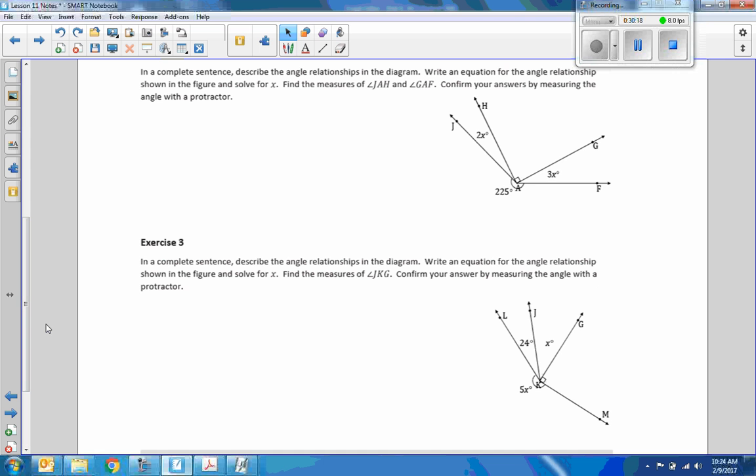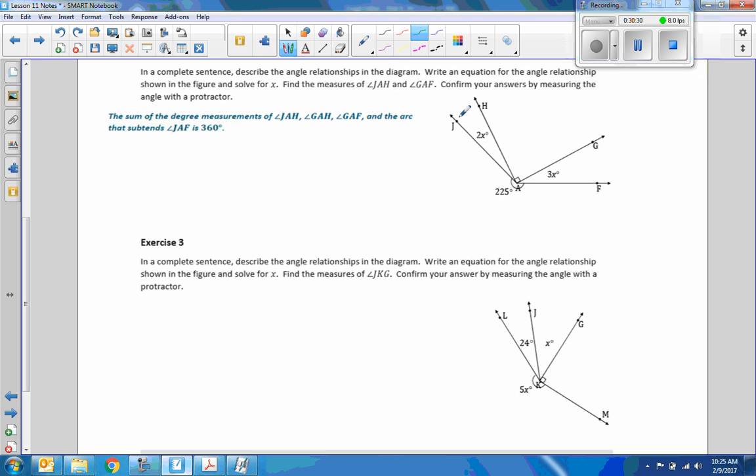Example 3. In a complete sentence, describe the angle relationships in the diagram. Okay? So here that says the sum of the degree measures of angle JAH, JAH is right here, GAH is here, and GAF is here.